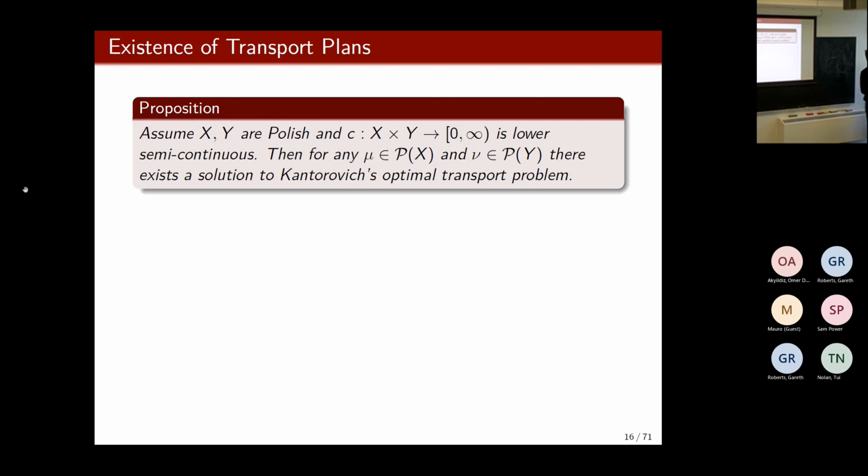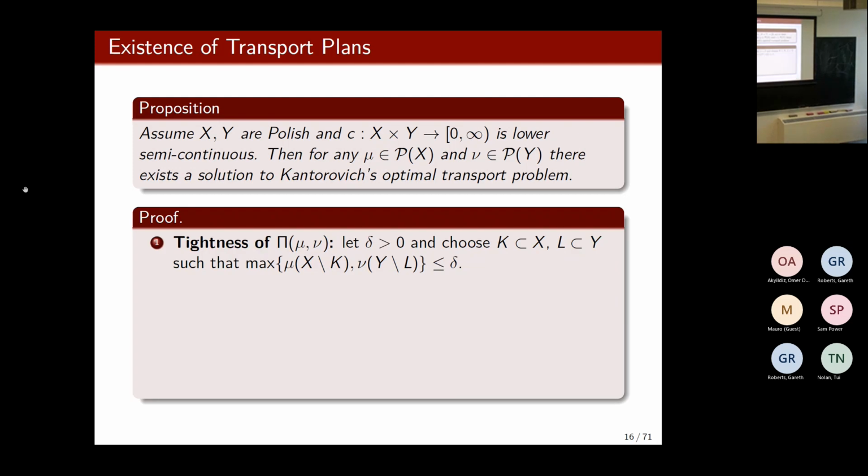So there exists some optimal pi, and this is actually fairly straightforward to show. It's essentially the standard calculus of variations argument: compactness plus lower semi-continuity gives existence of minimizers. We get compactness through tightness, so we want to show that this set, Pi of mu and nu, is tight. To do this, we fix some delta.